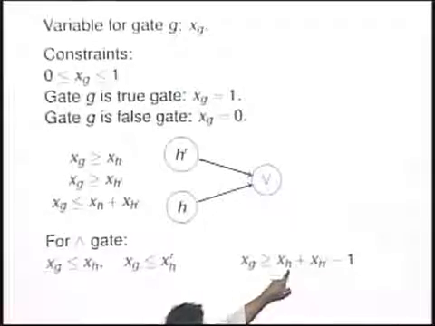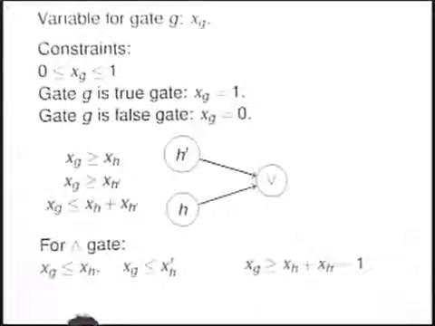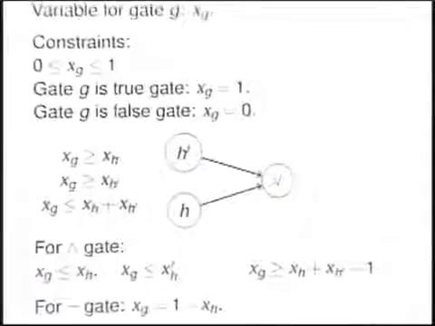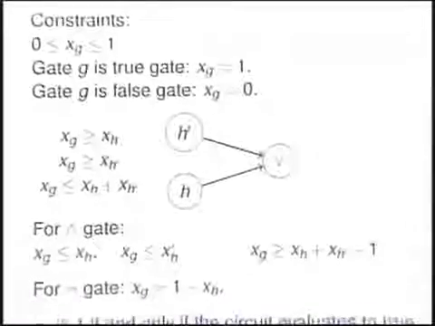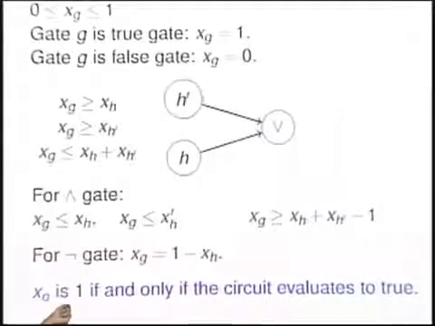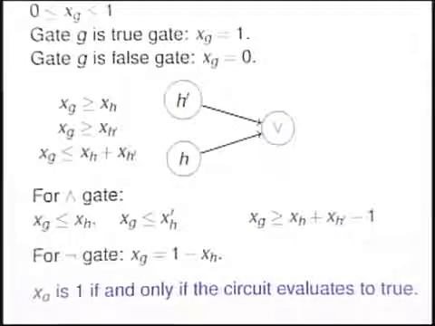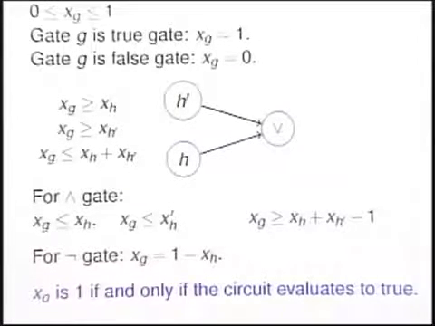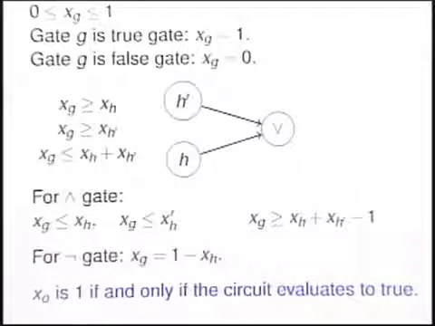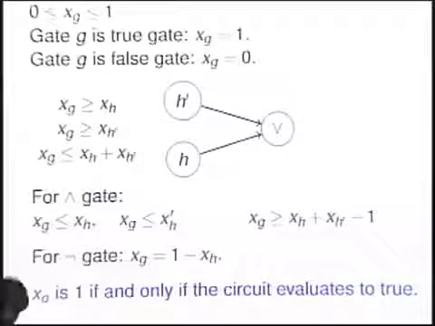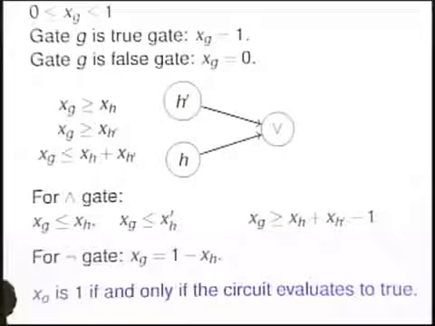If both are 1 here, you get 1 plus 1 minus 1, you get 1. Okay? And for a NOT gate, you can do the obvious thing. So the output is 1 in a solution for the linear program if and only if the circuit evaluates to true. Okay? So you could write any circuit evaluation problem as a linear program.